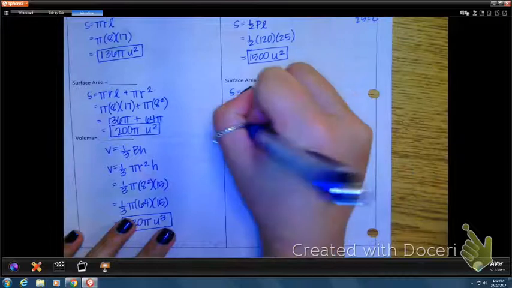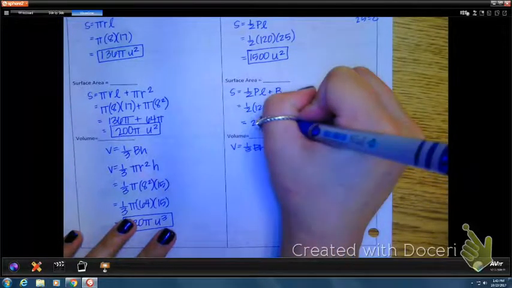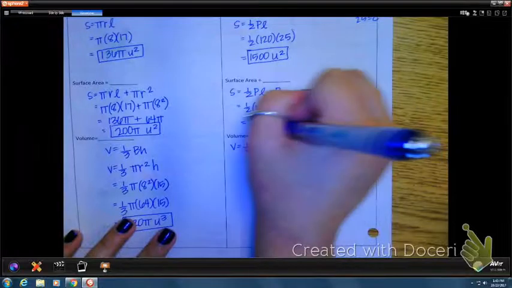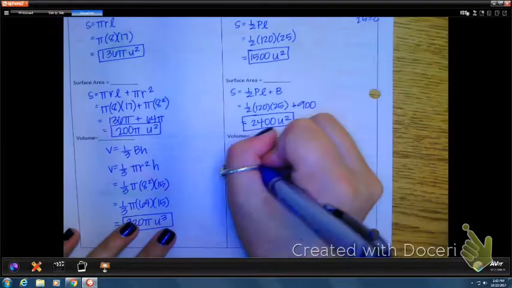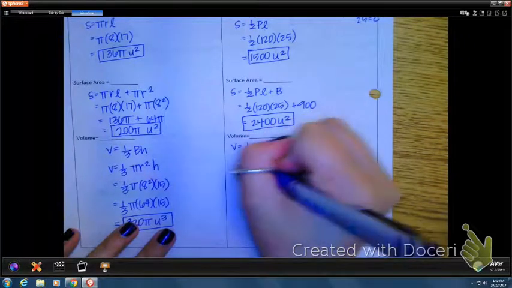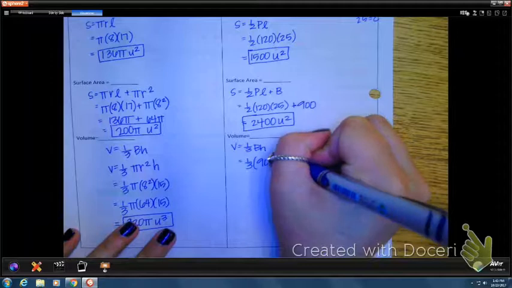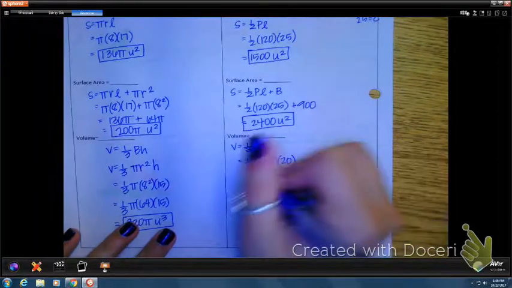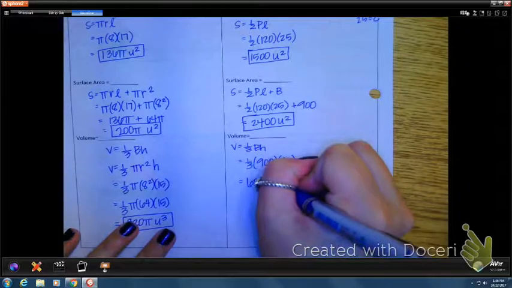So you should have had 2,400 units squared. And for volume, 1/3 of 900 times 20. So your volume should have been 6,000 units cubed.